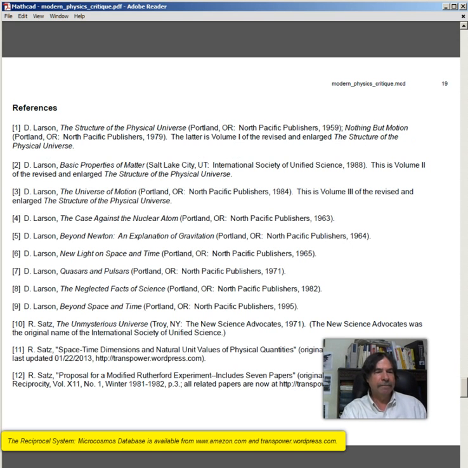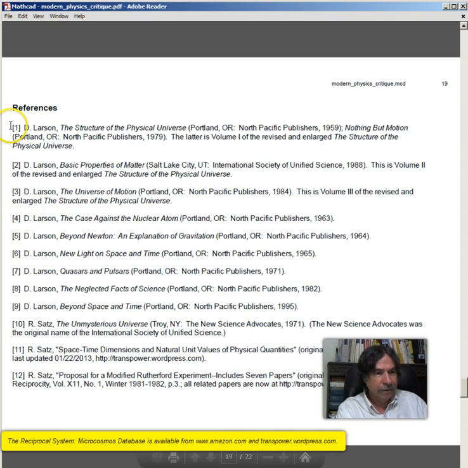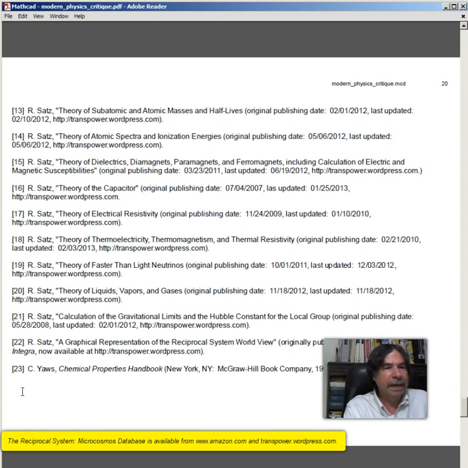The references, you can see the first set here, 1 through 9, are Dewey B. Larson's books. Reference 10 is My Mysterious Universe. And then starting with reference 11 and 12, and the next page, these are my papers, all of which can be found at transpower.wordpress.com.